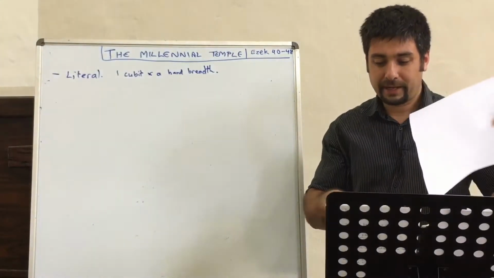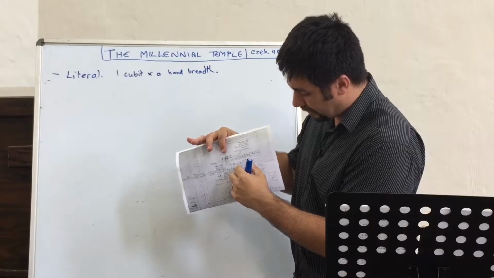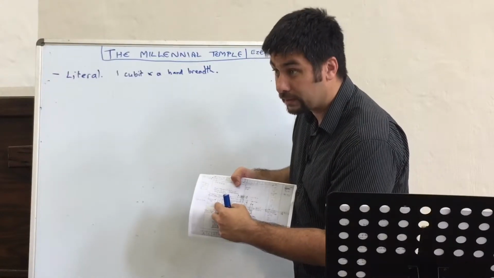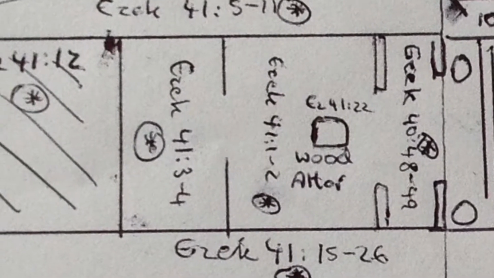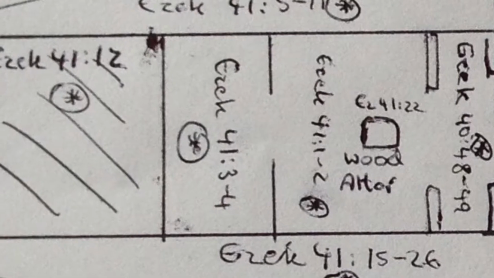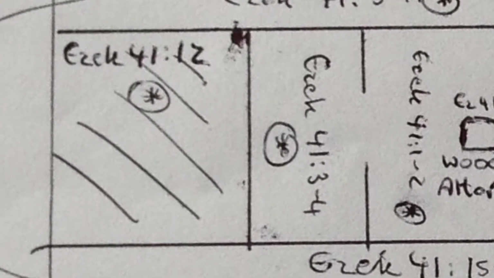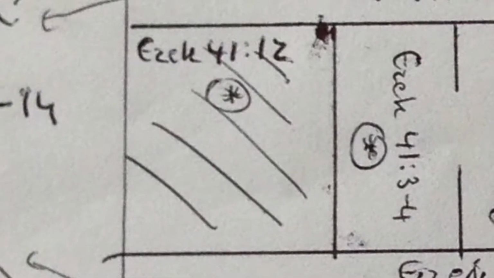There's also at the back of that temple, so that temple there is another 100 cubits. Behind the temple, there's another space of 100 cubits, and this is something that people don't really know what it is. So it's called the separate area. Look at chapter 41, verse 12.